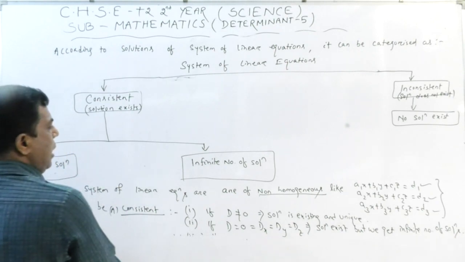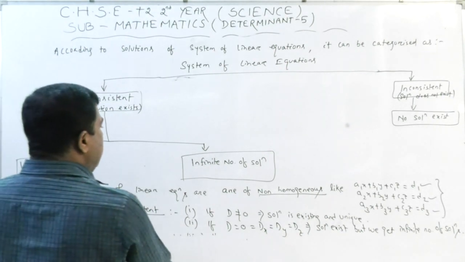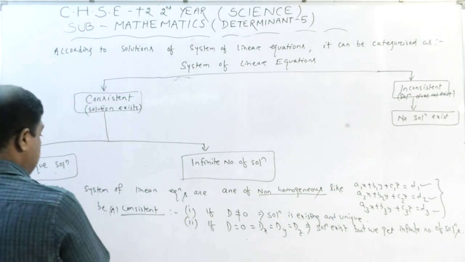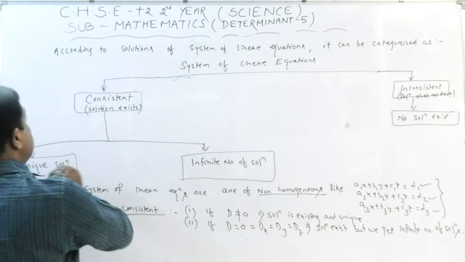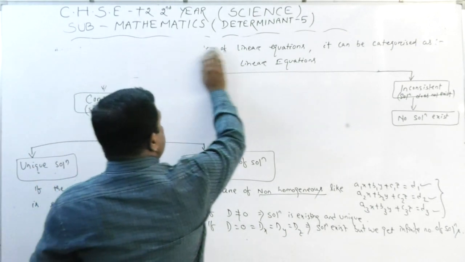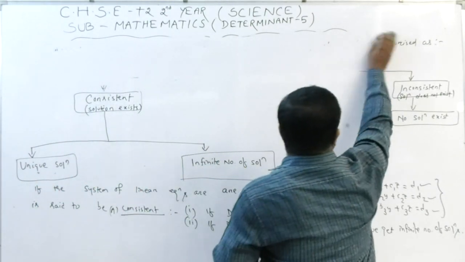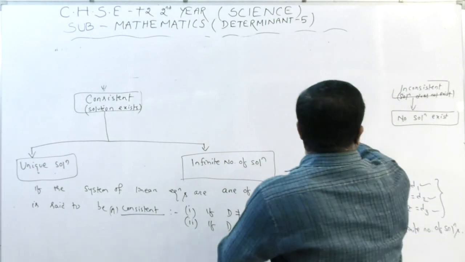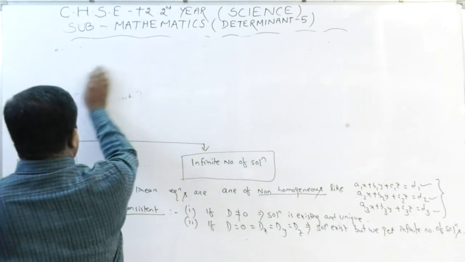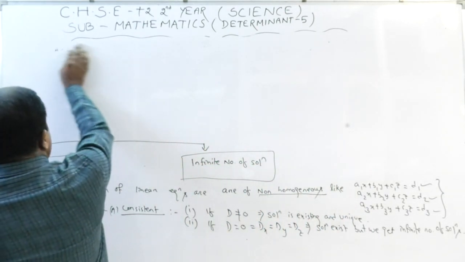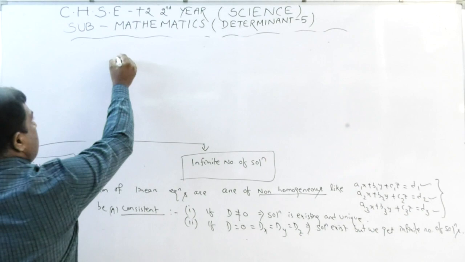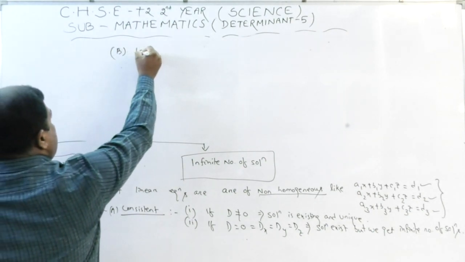Okay, so now you are able to understand consistent and inconsistent. Here I can say inconsistent.